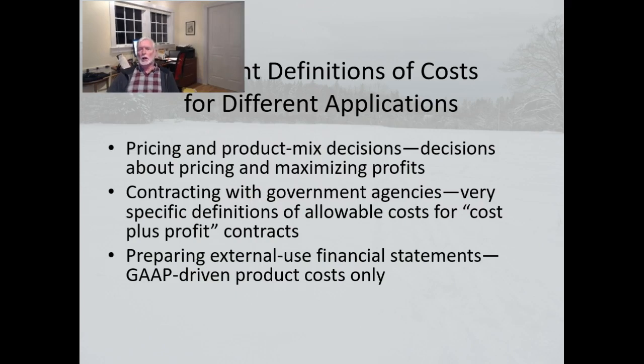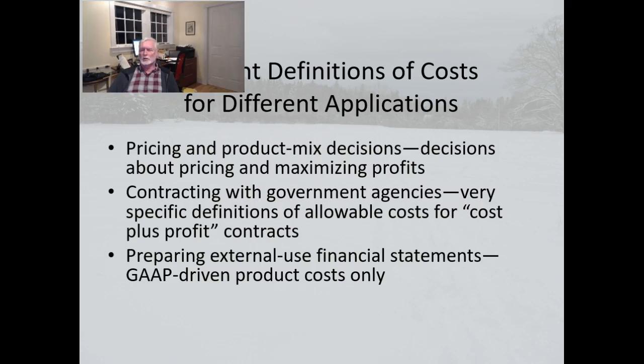So having good costs helps us make good decisions. And if we have a bad cost system, we may well make bad decisions. So we need costs to make pricing and product mix decisions. We need it if we're a government contractor or somebody working on a cost plus contract. We need good cost information so that we can bill our customers.